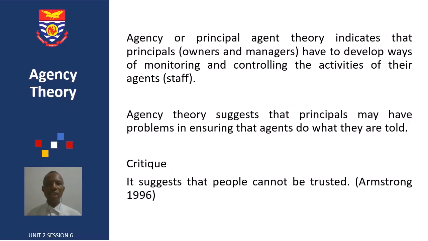You also have the agency or the principal-agent theory, which indicates that principals have to develop ways of monitoring and controlling the activities of their staff. Monitoring and control is very key because when people are given tasks to perform, if you don't monitor them or control their coming in and going out, the right thing will not be done.